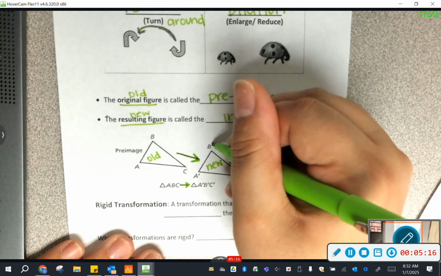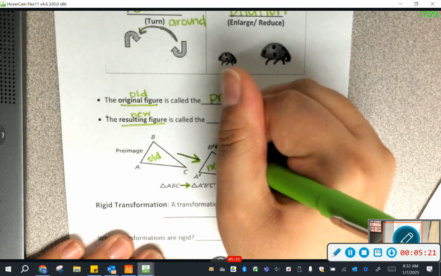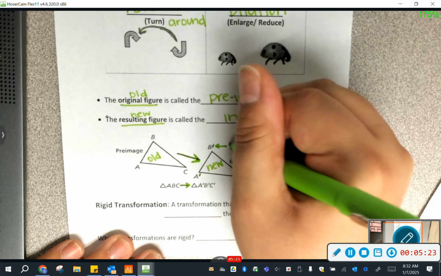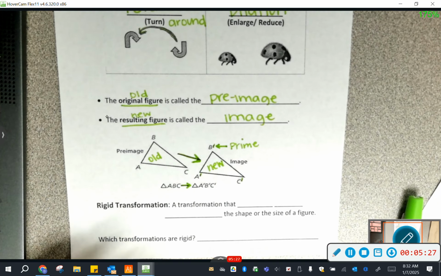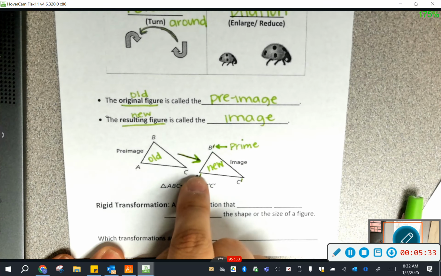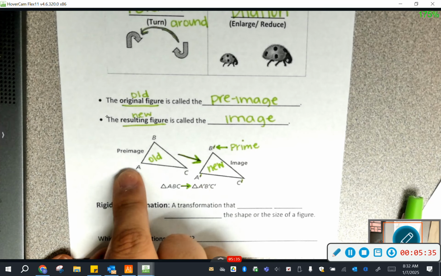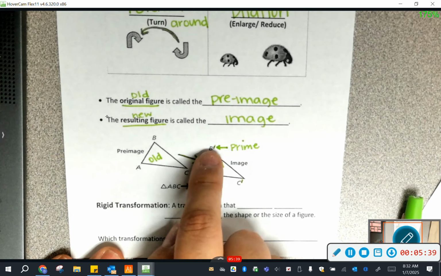Do you see these little apostrophes right here on all of those? Those little apostrophes we call the primes. That means they're newer. So if I'm like, hey guys, look at A prime, I want you to look at the A with an apostrophe, not regular A. So that's how you'll know the difference. Can everybody write the word prime right here?